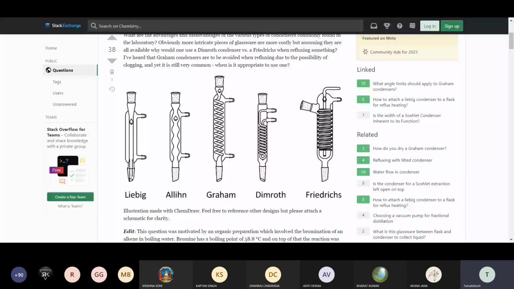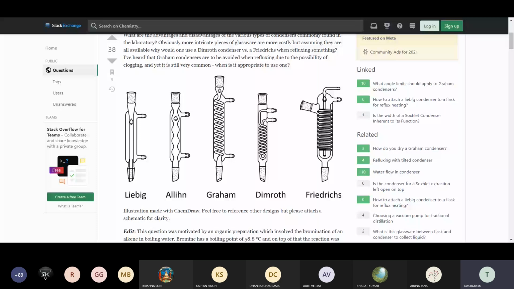Basically, your reaction container is attached or connected to that lower part, and you can see two outlets are there, and at the top there is another opening.